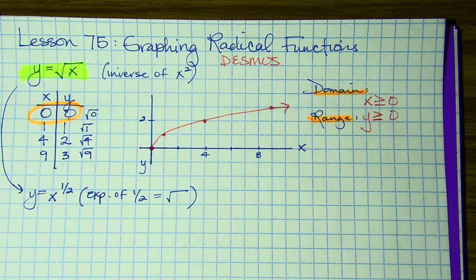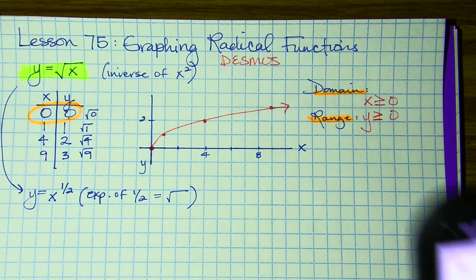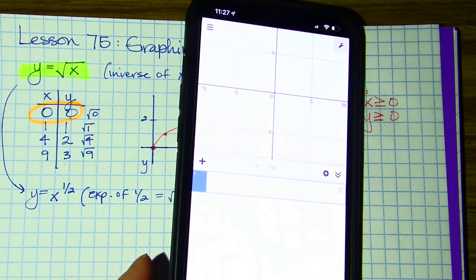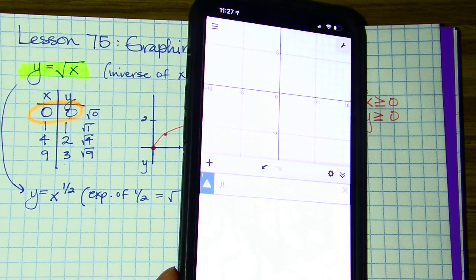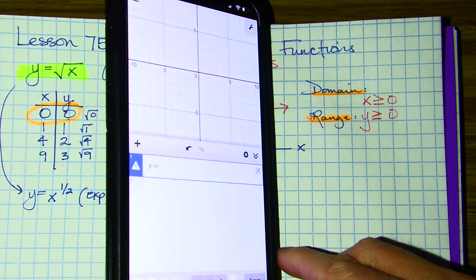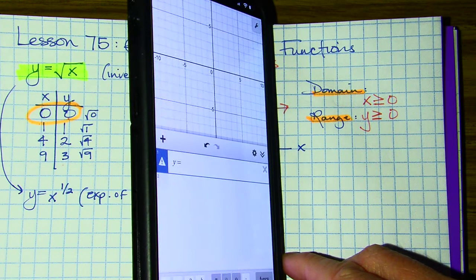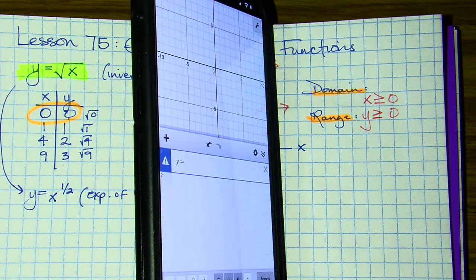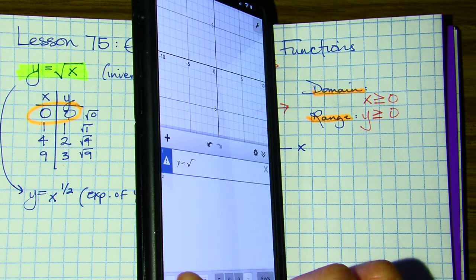Now this should be similar to what we get in Desmos. So I could write y equals, it's such a glare with my phone under here, but if you can see that, y equals, and then the square root of x.